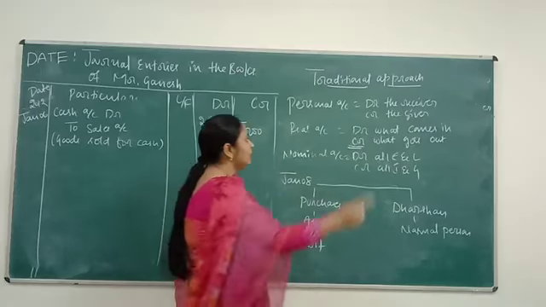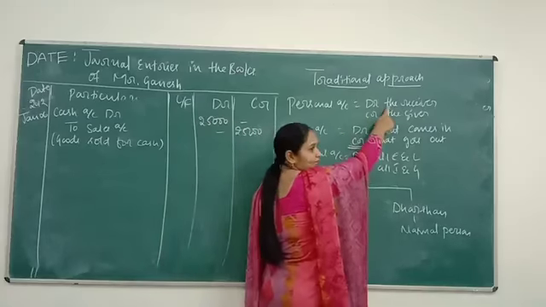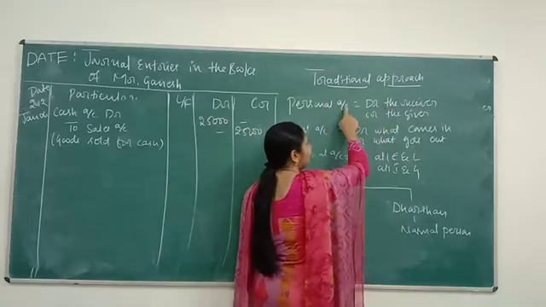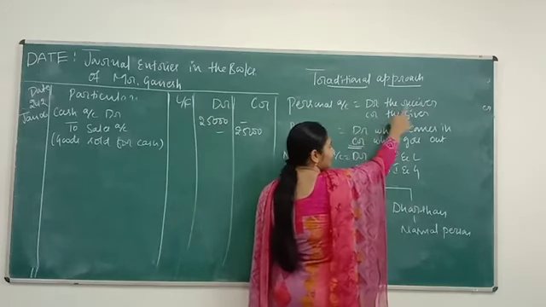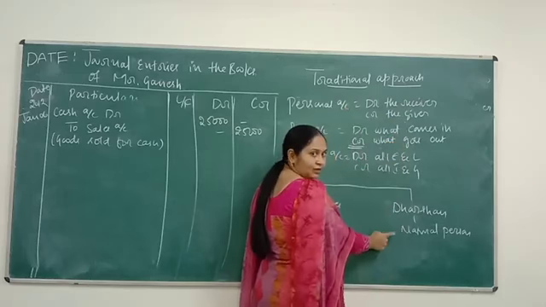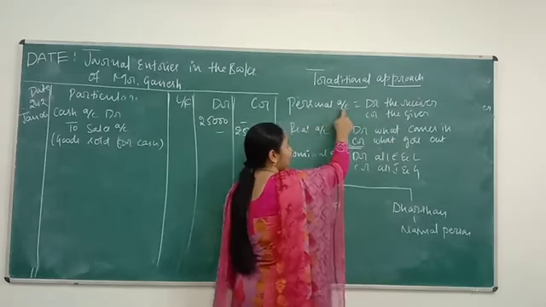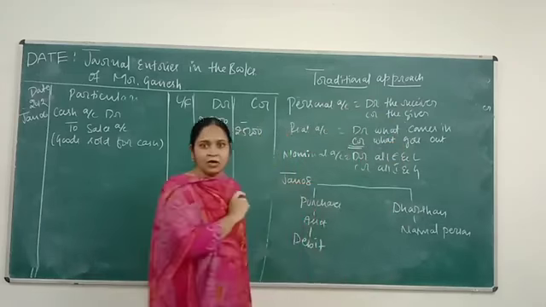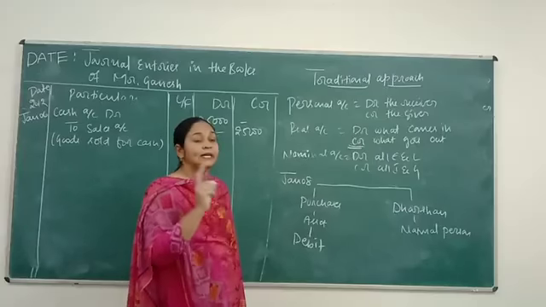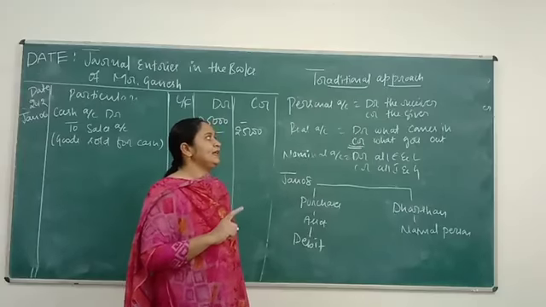Purchases. Darshan is a giver. He is not receiving, so personal account rule. What does the personal account rule state? Debit the receiver, credit the giver.